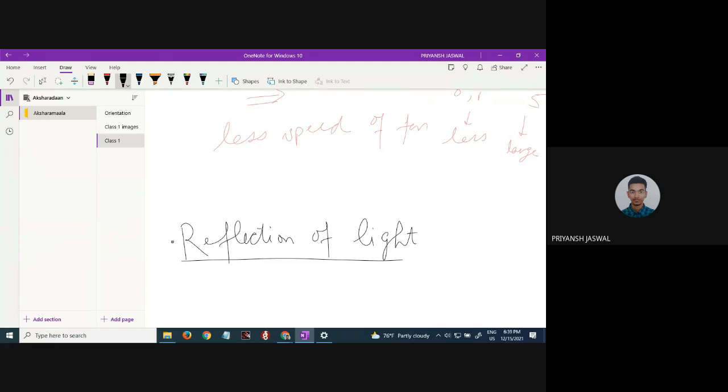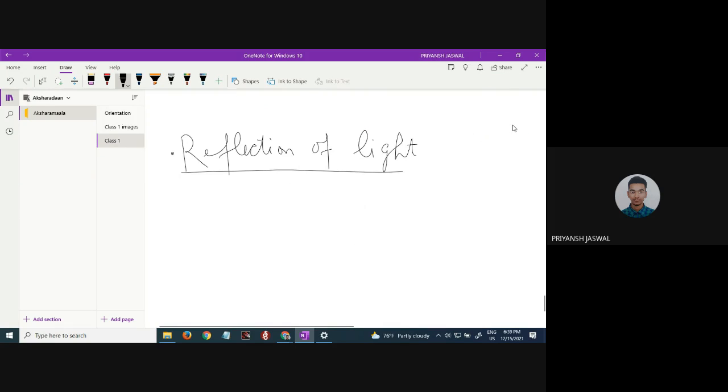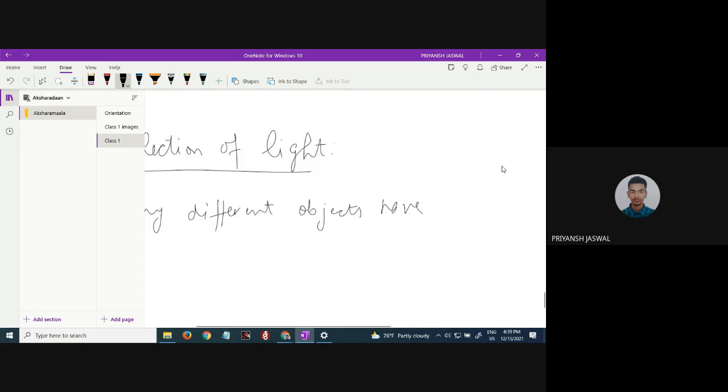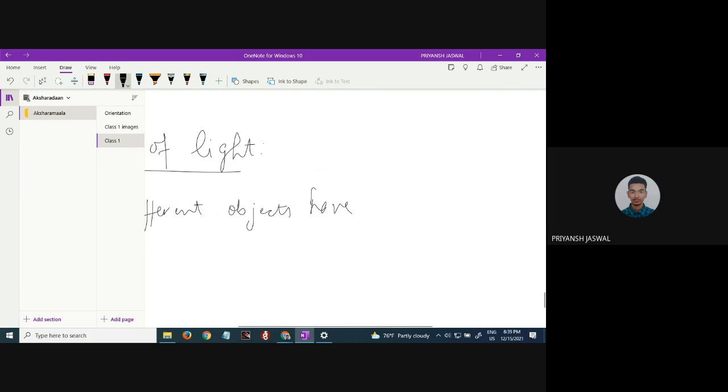In this, we will look at an interesting question. The question will be, why do different objects have different colors?